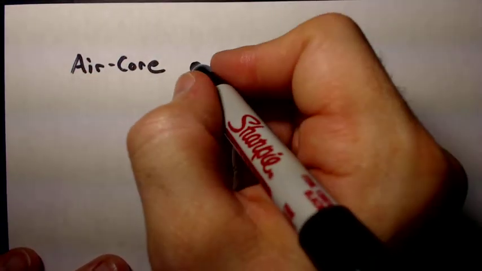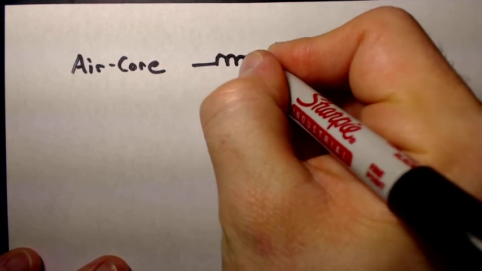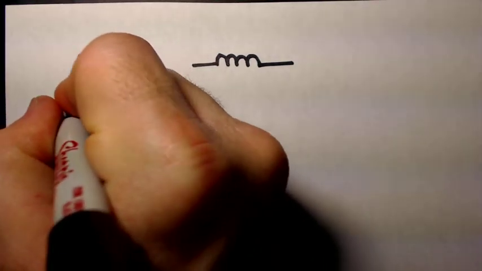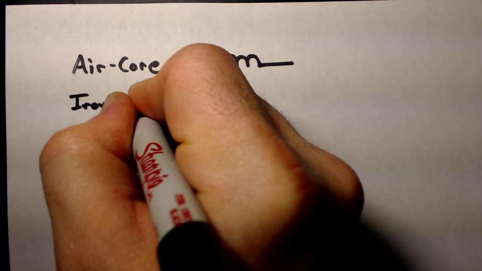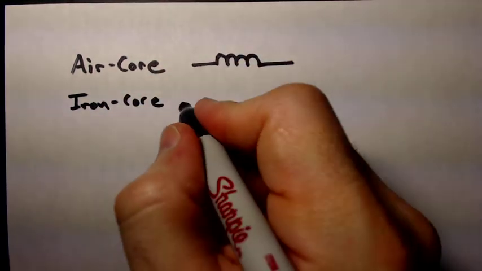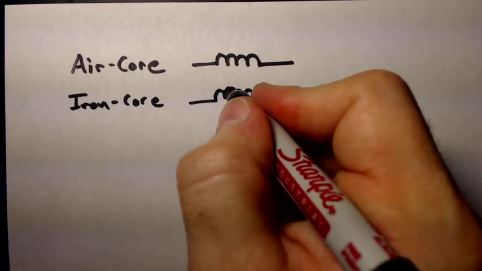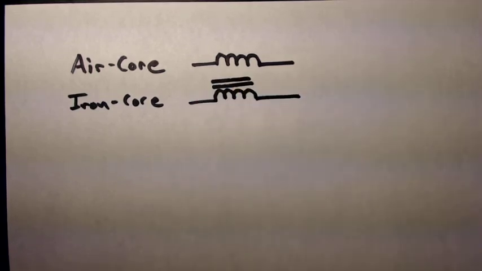But for completeness, let's say I got an air core inductor. It's just the inductance schematic symbol. But let's say instead of having air in the center of that coil, I shove a chunk of iron. I now have something called an iron core inductor. And they represent it with two solid lines above the inductor.